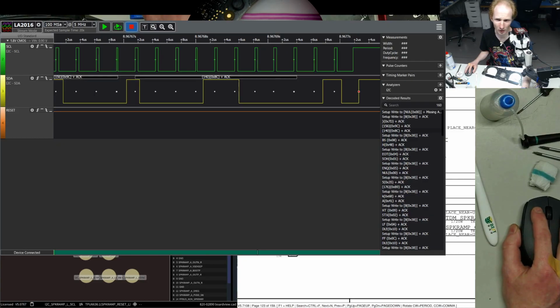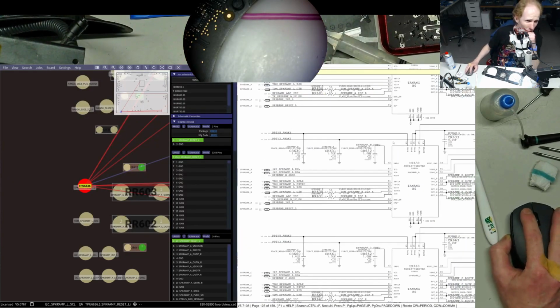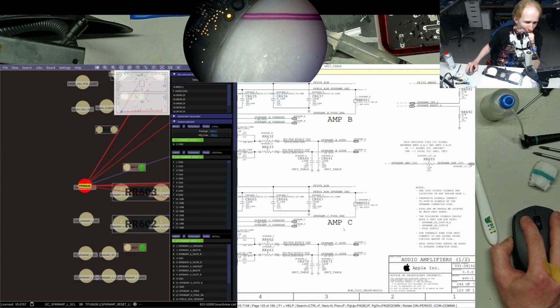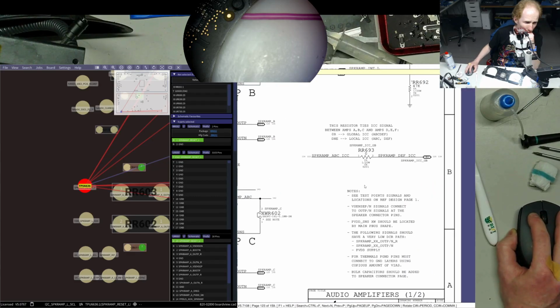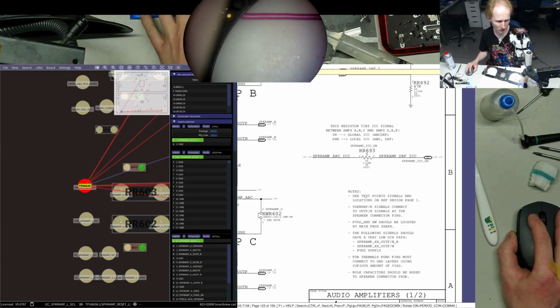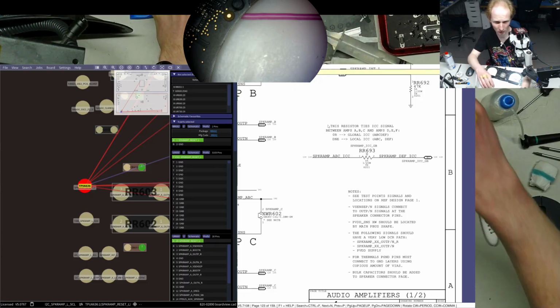Okay, now let's find the page with I2C lines. Okay, so let's go to, let's search it.